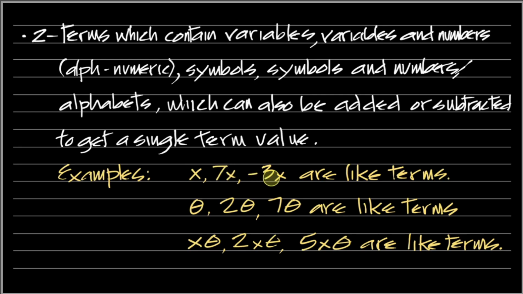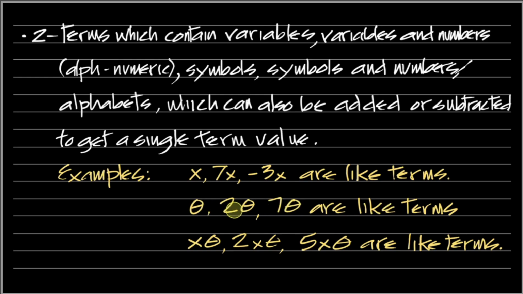Negative 3x is also a term made up of a number, constant number, and a variable. So they are like terms. What is common here? x is common in the 3 terms. Next, theta, which is a symbol usually meant to represent angles. 2 theta, 7 theta are all like terms because theta is common.